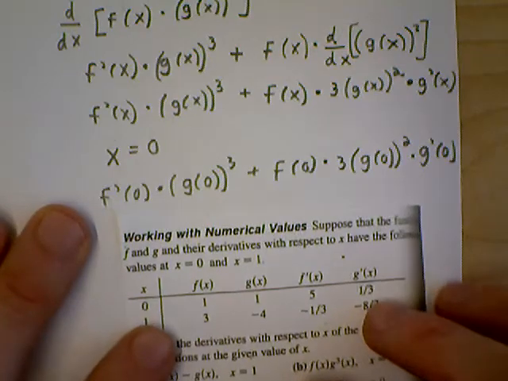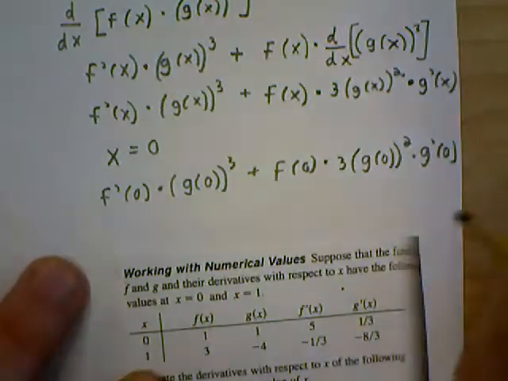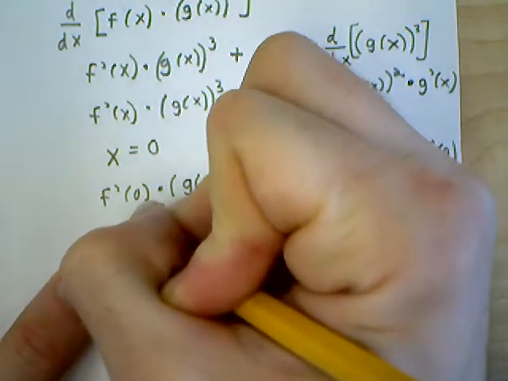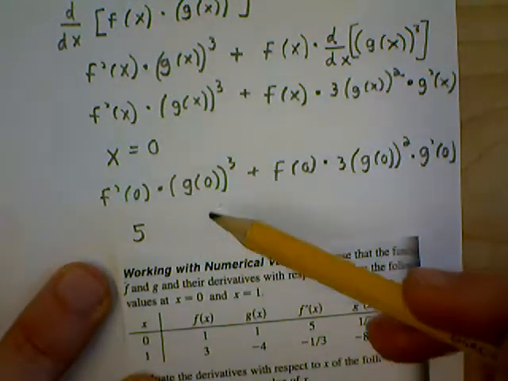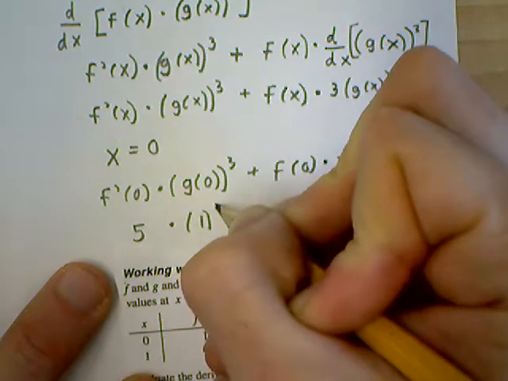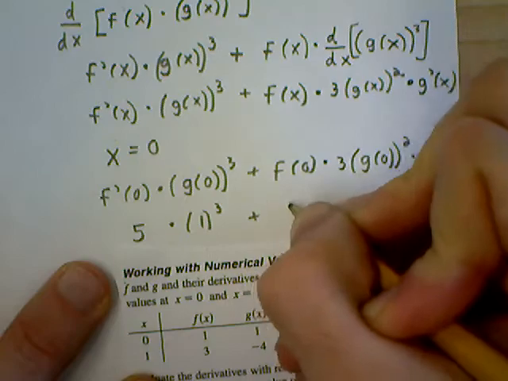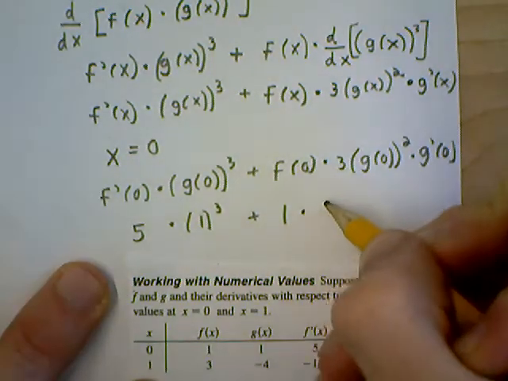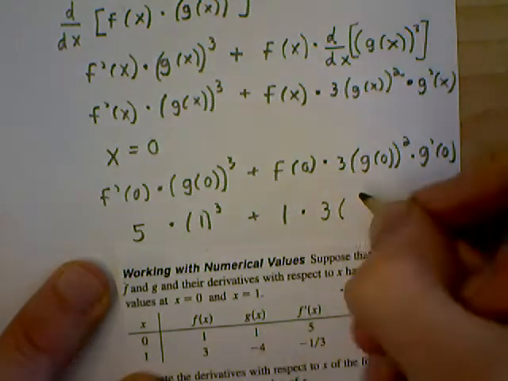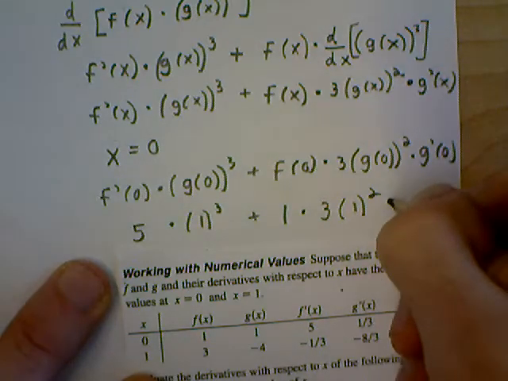It says that f prime of 0 is 5, g of 0 is 1, f of 0 is 1 times 3, g of 0 is 1, g prime of 0 is 1/3.